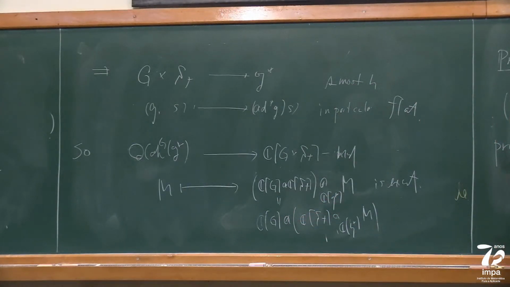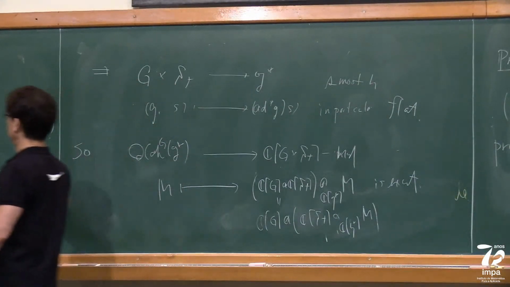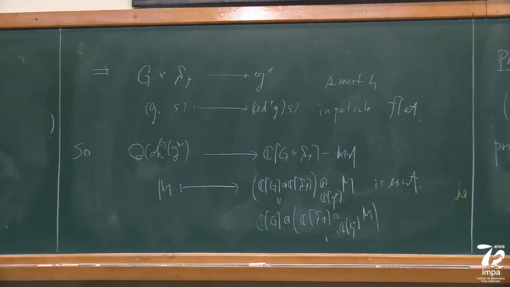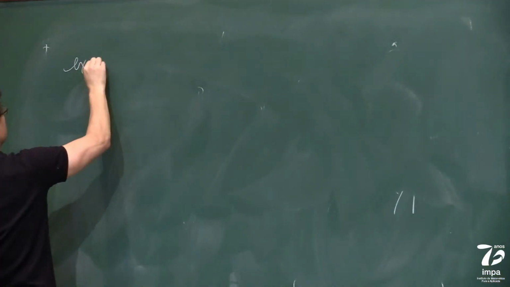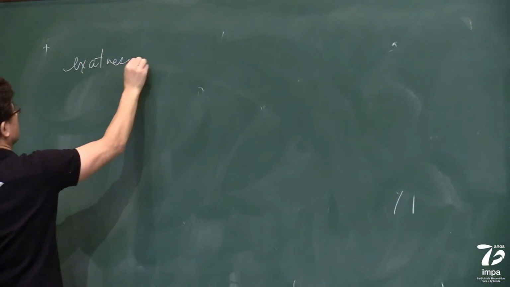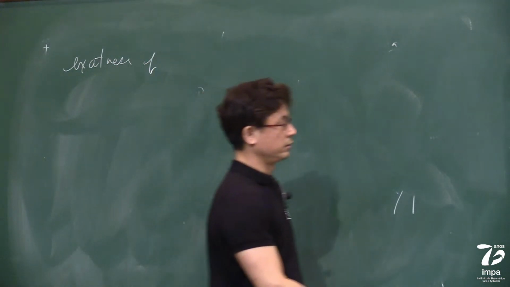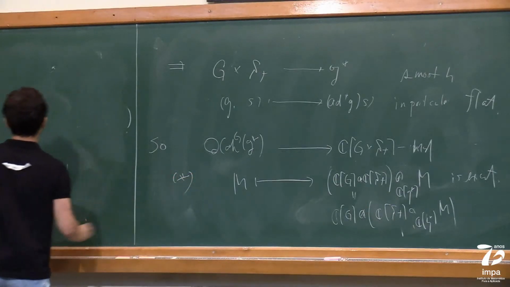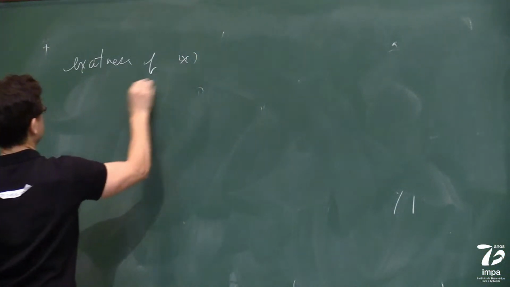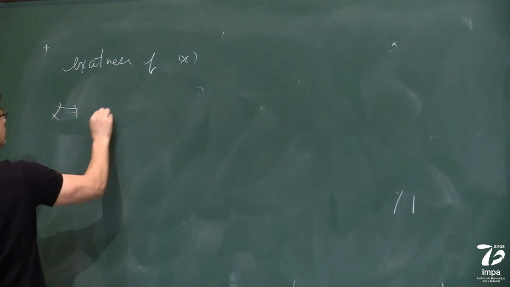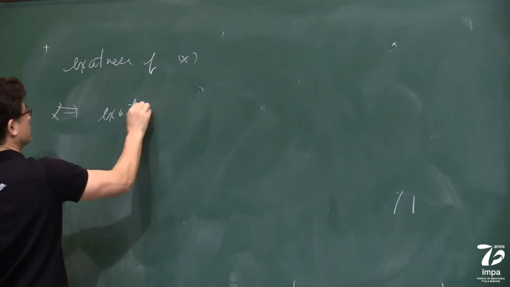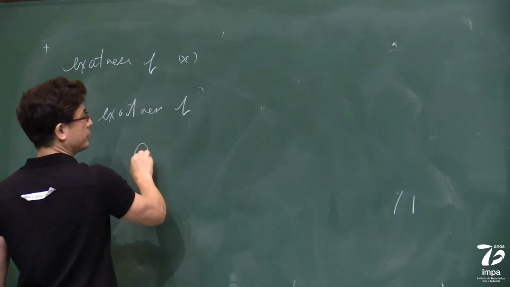So exactness of the functor is equivalent to the exactness of the restricted one.